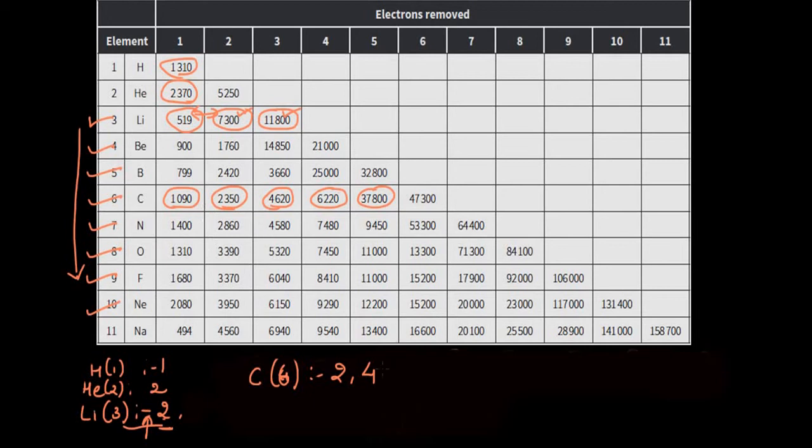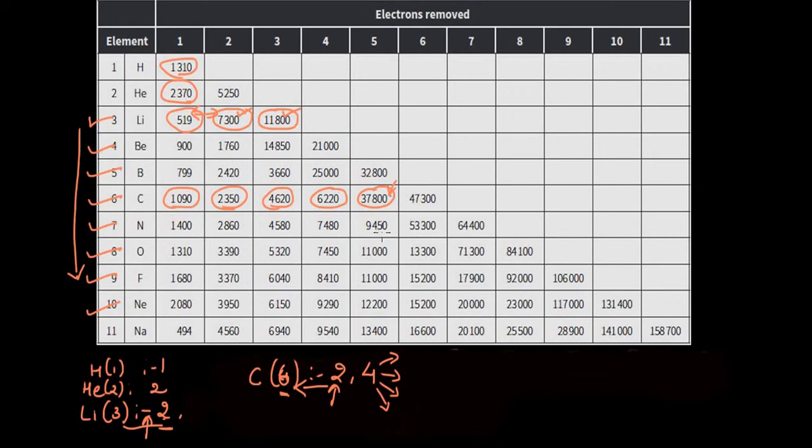To remove one electron every time, the ionization energy increases because of the increasing effective nuclear charge. But when the fifth electron is removed, it has to be removed from the first shell, which is much closer to the nucleus. So the fifth ionization energy is very, very high.